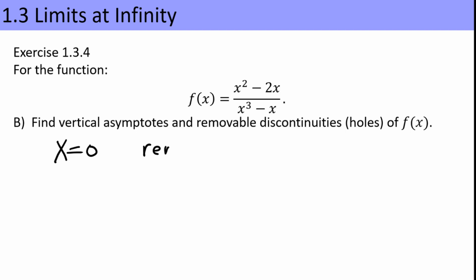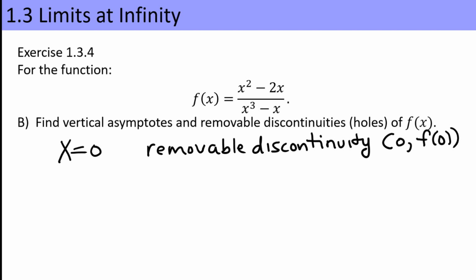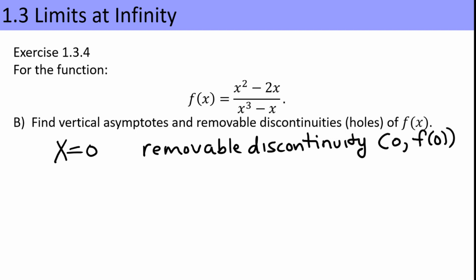So we will conclude that we have a removable discontinuity at the ordered pair 0, f of 0, where we evaluate f of 0 with the reduced or simplified function. And we have a vertical asymptote where the function is undefined. And that happens at x equals 1 and x equals negative 1.